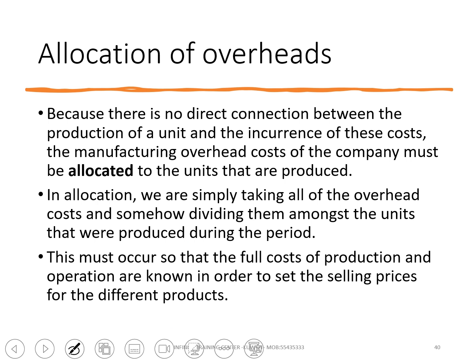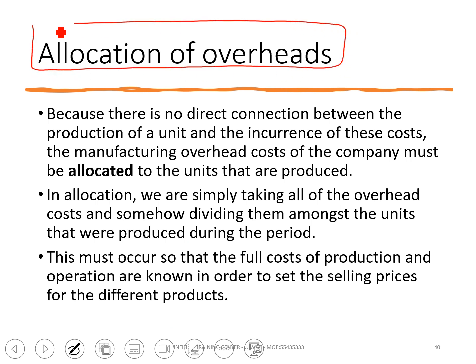Now our question is how we will allocate, or distribute, this cost to the number of units we produced. That is what allocation of overhead is. Why is this important? Because there is no direct connection between the production of a unit and this cost. There is no direct relationship, right? You are paying rent whether you produce 0 units or 100 units, you have to pay the rent.